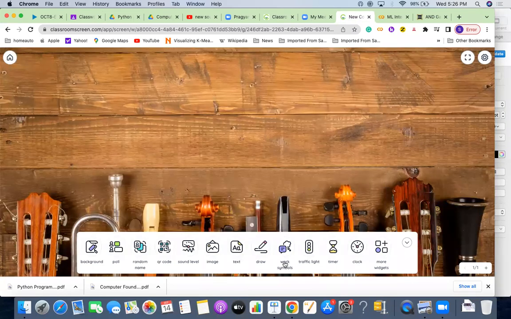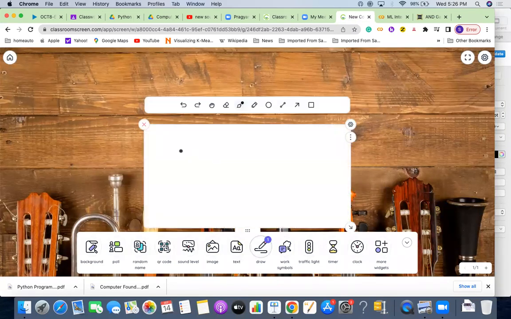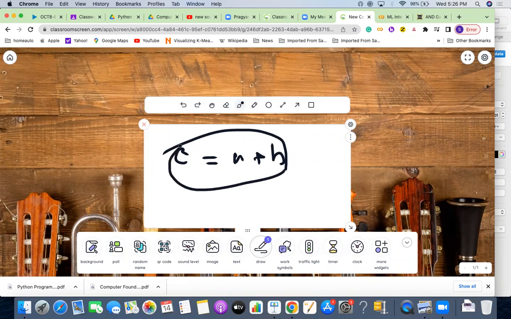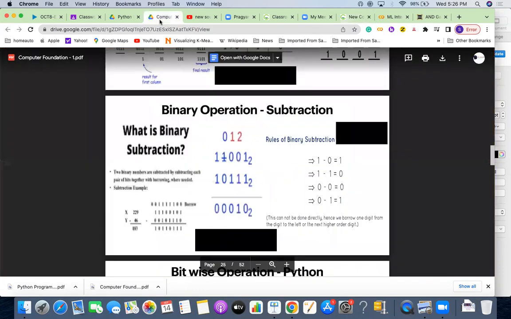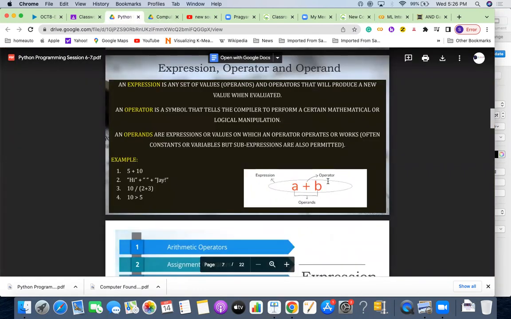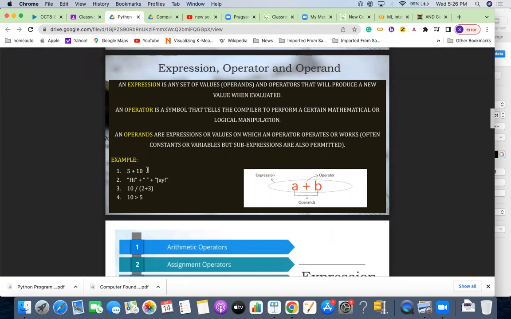Let me say that if I say c is equal to a plus b, this whole thing is called an expression. It can be like this, or like this, anything. These are all called expressions, correct?